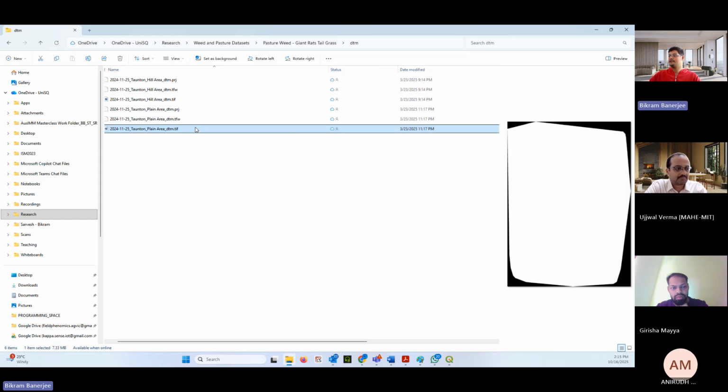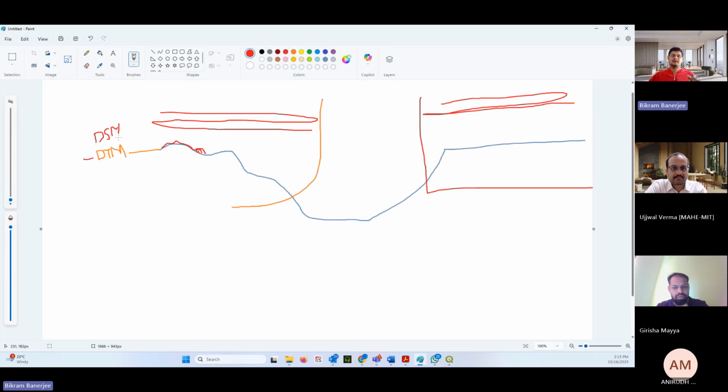So if you process it in geospatial packages, you will not be able to do the straightaway subtraction like DSM minus DTM because the resolution is mismatched. So what we do is convert the DTM to a higher resolution to match the DSM. It's very simple to do.